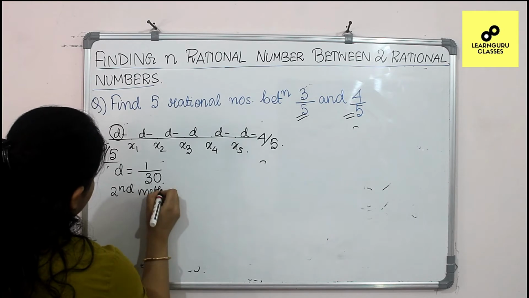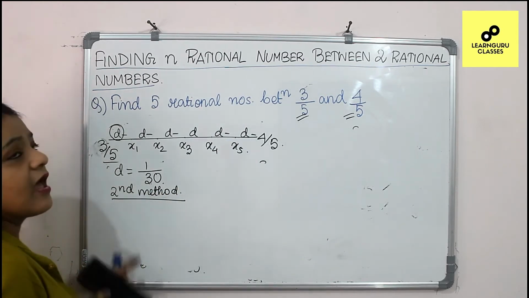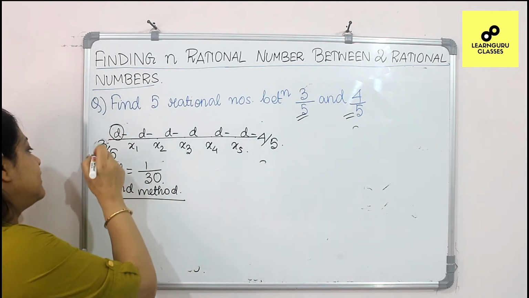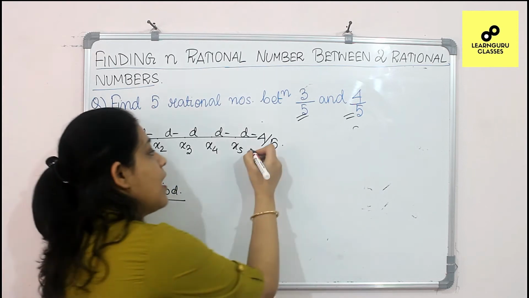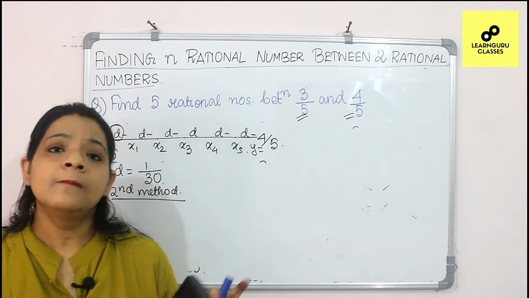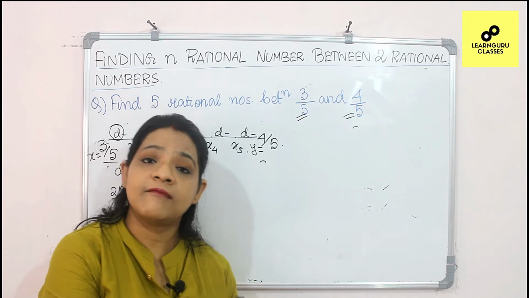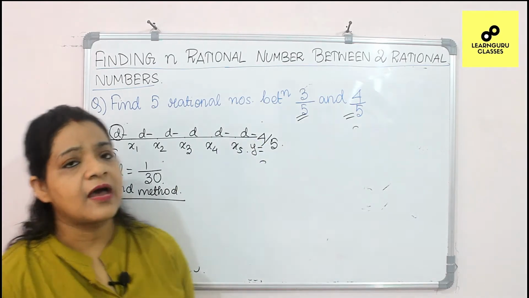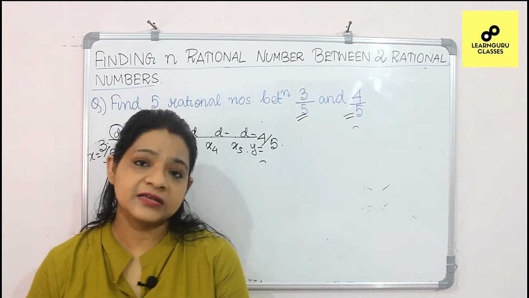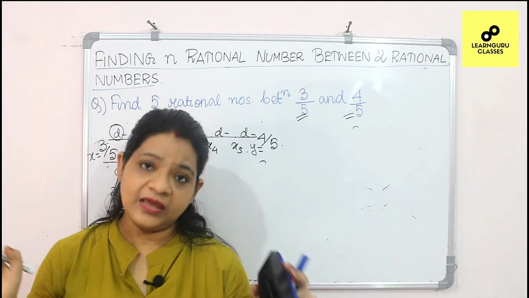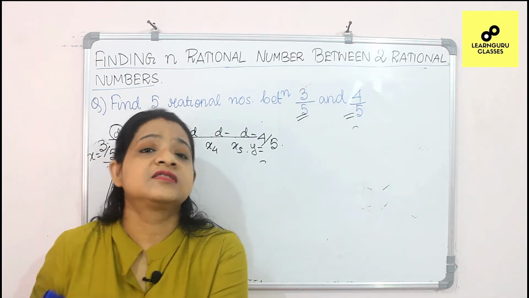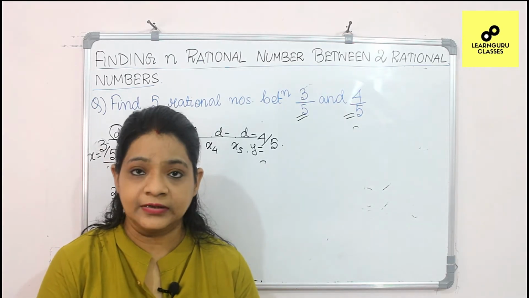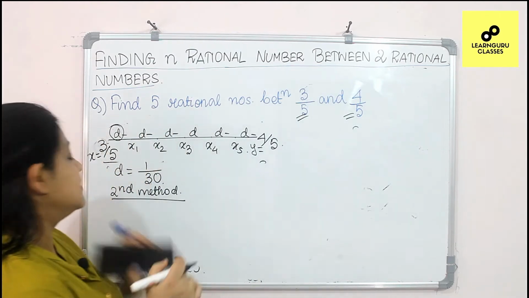I told you in the previous class that x equal to 3 by 5 and y equal to 4 by 5 are two places between which you have to travel by a train. x1, x2, x3, x4, x5 are the 5 intermediate stations between the two places x and y, and all the stations plus x and y are placed equidistant to one another. That is, d is the distance.